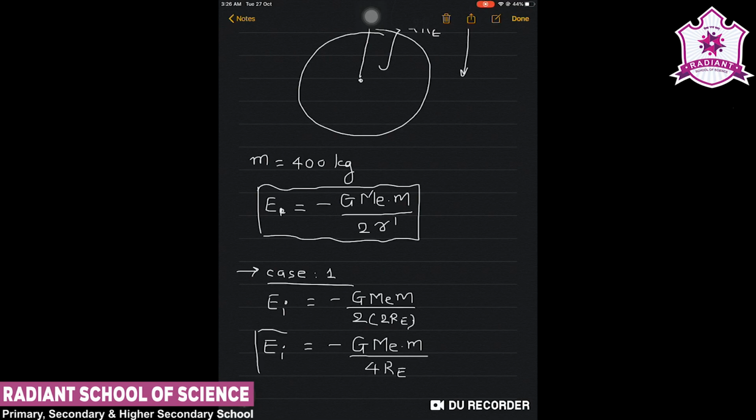So this is your initial energy, that is total mechanical energy.